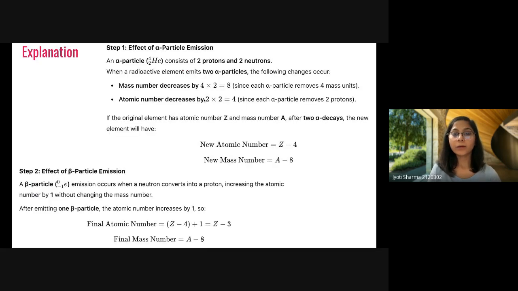Okay, so we have two alpha particles, meaning two protons and two neutrons. Because it has two protons, and you know proton plus neutron is giving you the atomic mass, right? And that's why this is 4.